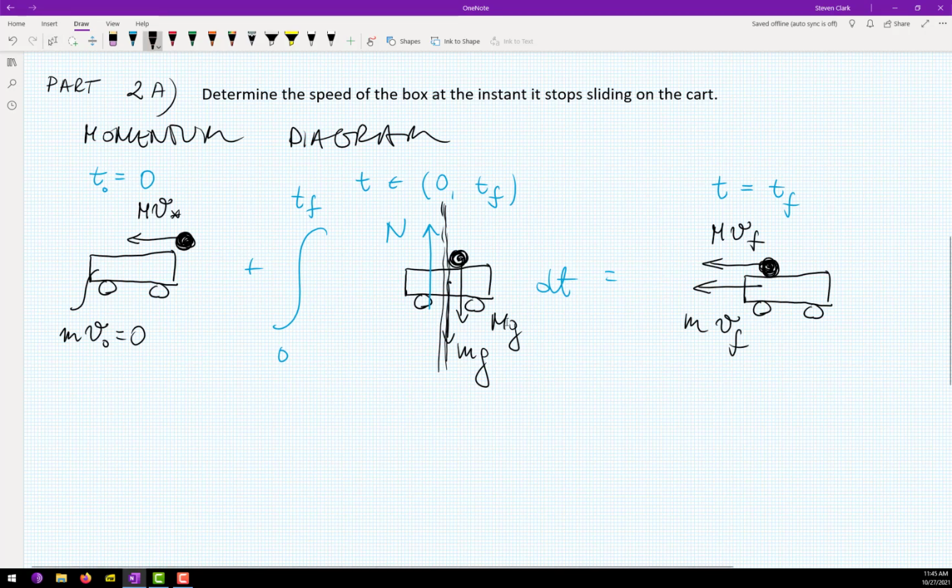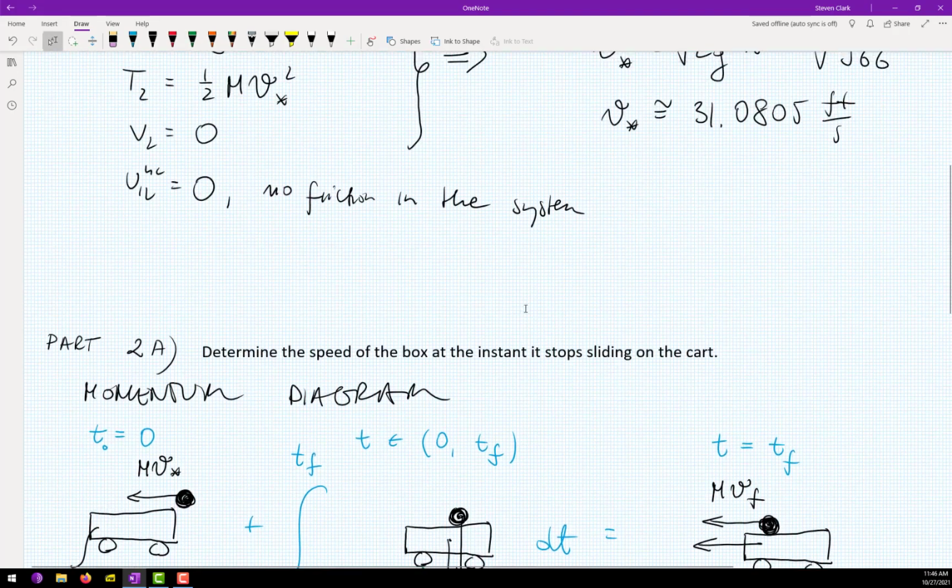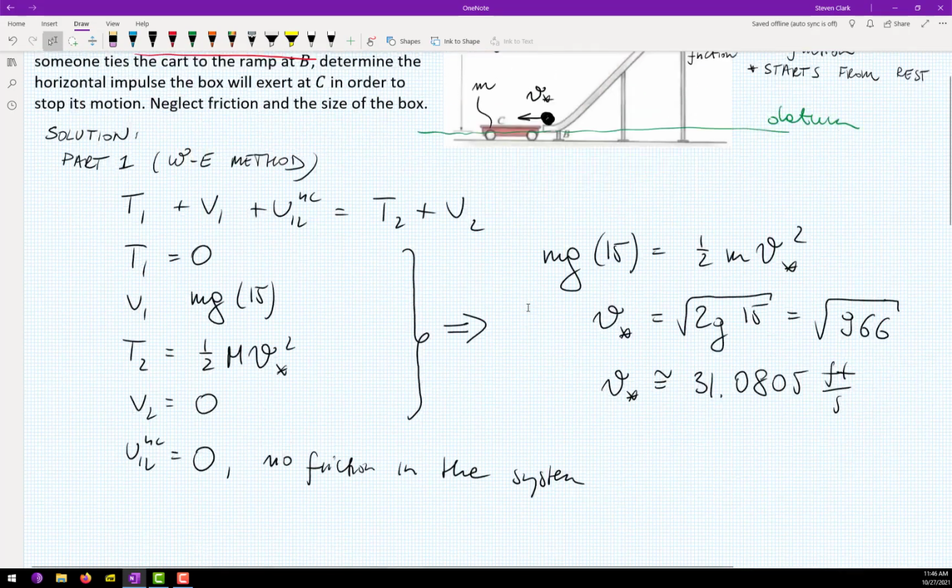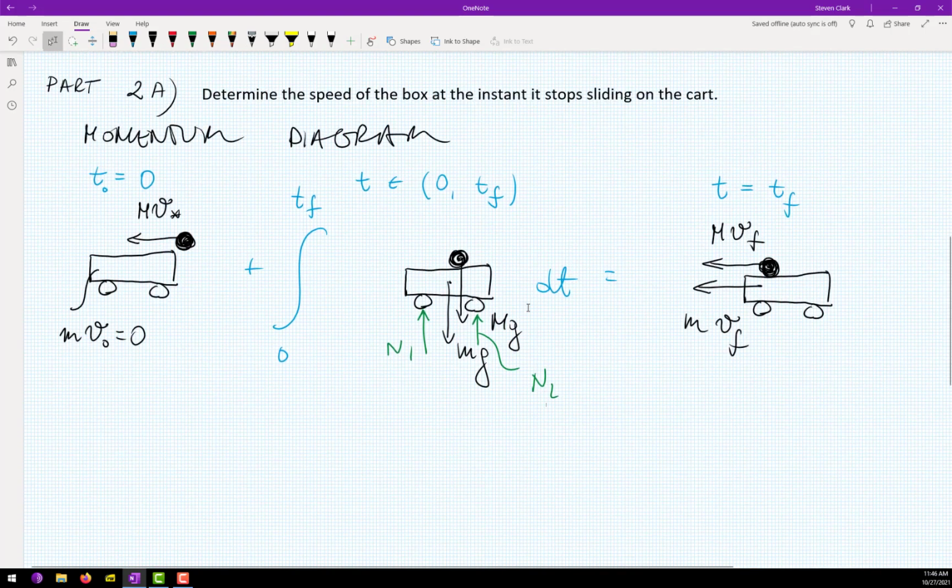And if you really want to be picky, I should probably write N1 and N2 here, because these will be the reaction forces between that cart and the ground. But anyway, it doesn't change the solution at all because they're still acting only in this direction.